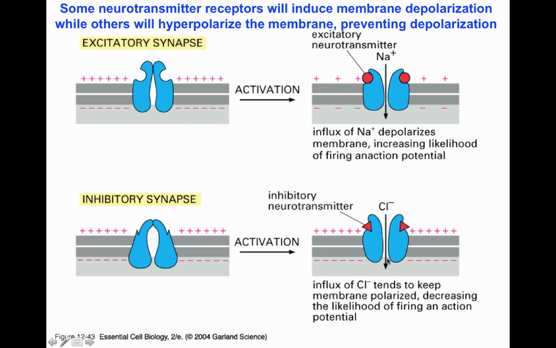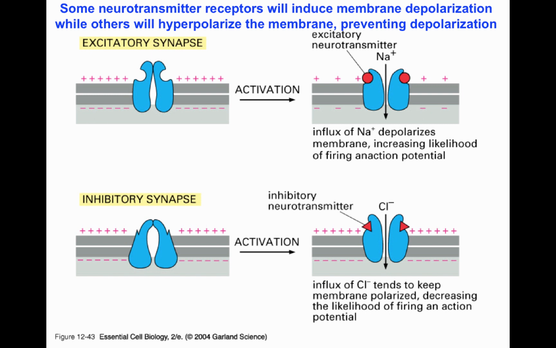The chloride ions, being negative, are going to move inside, and it's going to keep the membrane hyperpolarized because you're increasing the amount of negative ions in the cytoplasm. That will decrease the likelihood of having an action potential being generated if you have a depolarization signal. Because remember, the depolarization signal is making the area within the membrane more positive.